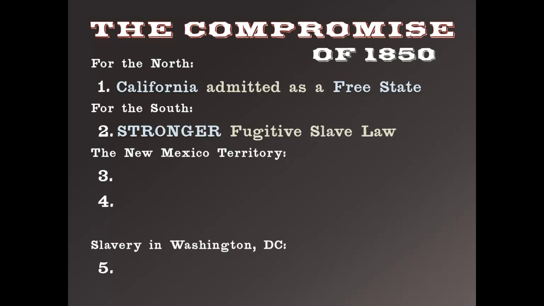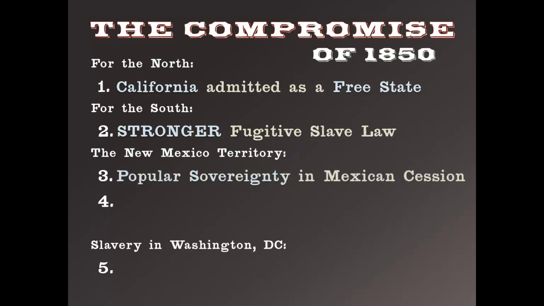And then for the territory of New Mexico, there are a couple of things. One is that in that land that was added because of the Mexican Cession, you have popular sovereignty. Popular sovereignty is this idea that the population that proposes a constitution at the time of statehood could decide if a territory becoming a state would be slave or free.